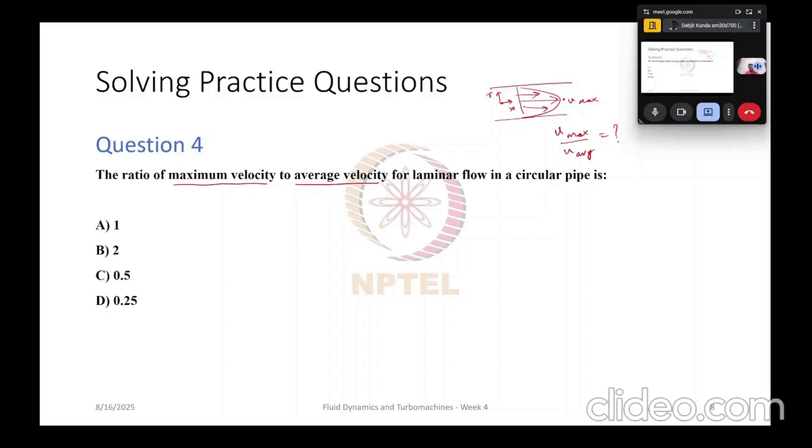Is it option A 1? Is it option B 2? Is it option C 0.5? Or is it option D 0.25?